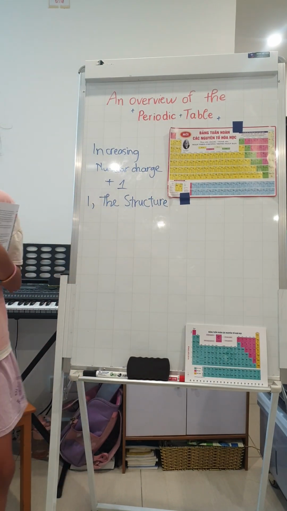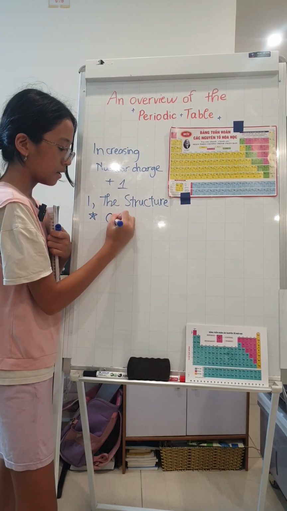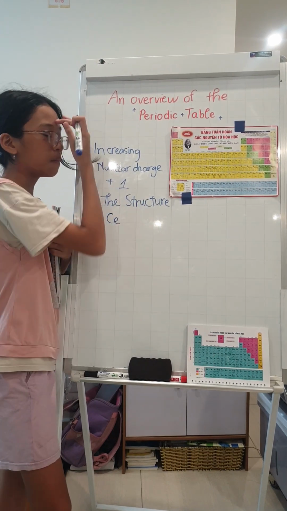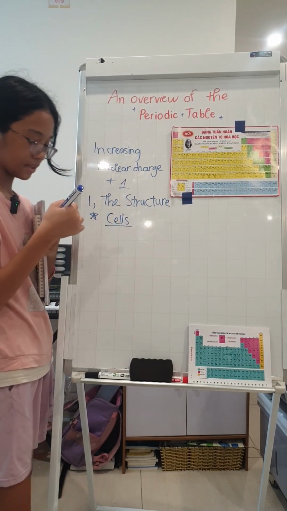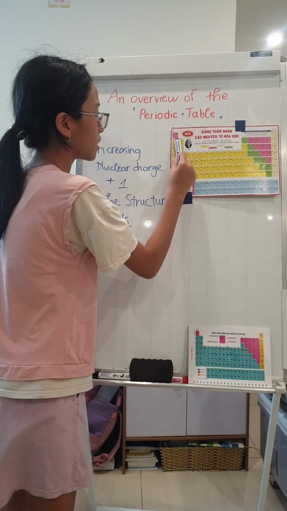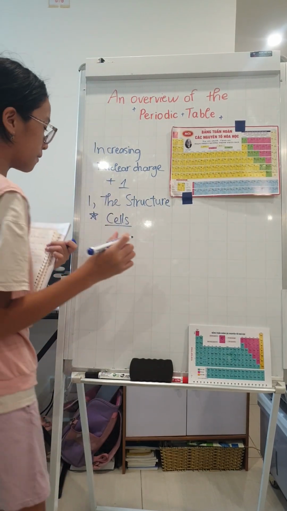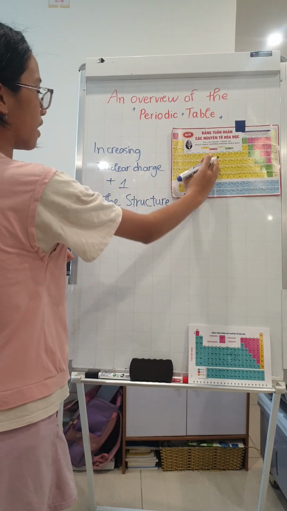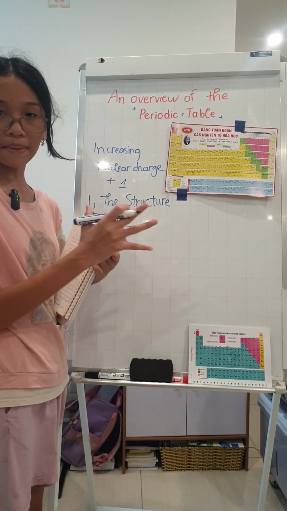Firstly, its structure. In the periodic table, each element is placed in a cell. These are called cells. They're all these small squares over here. You see, each element is placed in one cell, so they're called elemental cells.